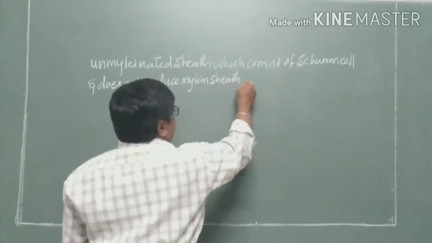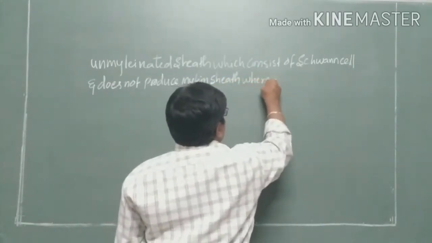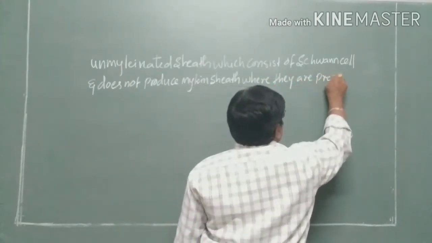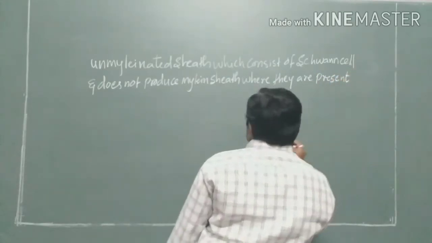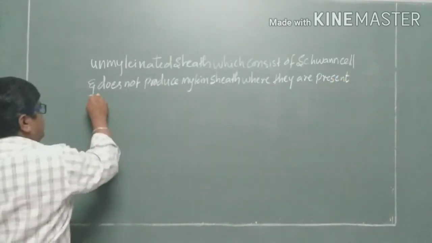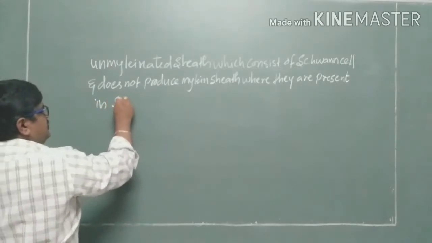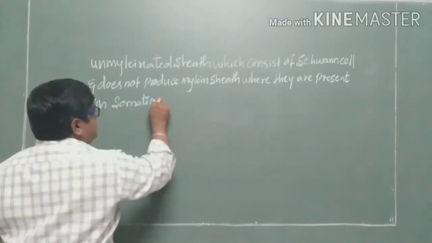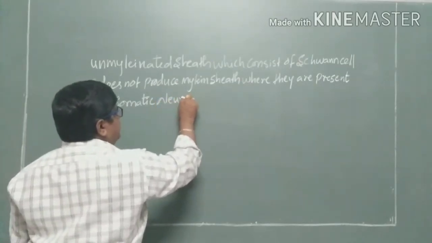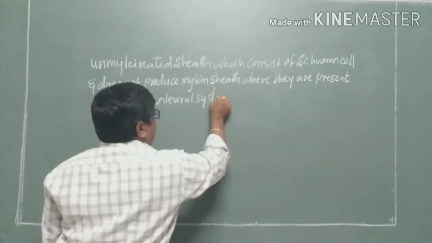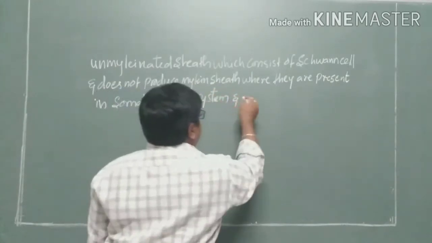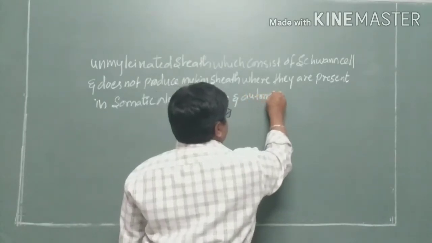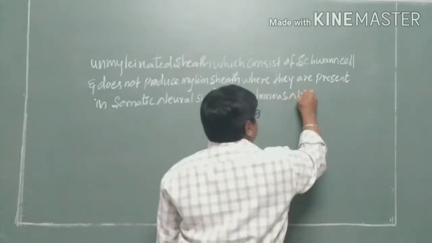They are present in the somatic neural system, and also in the autonomous neural system.